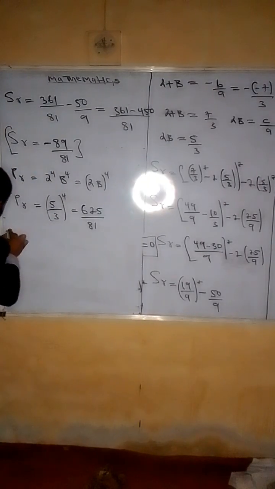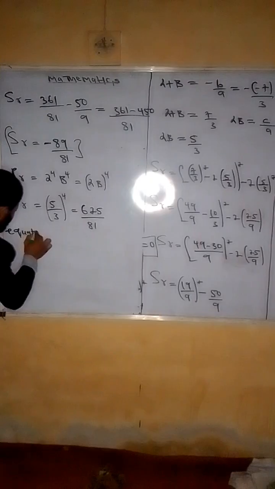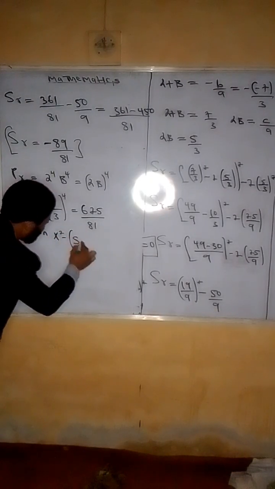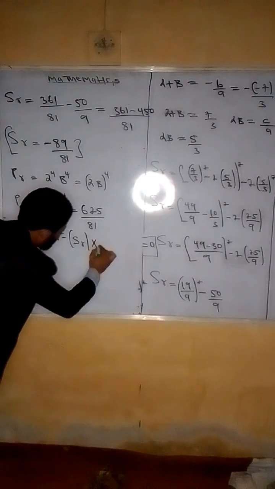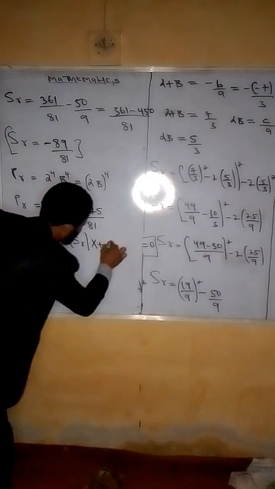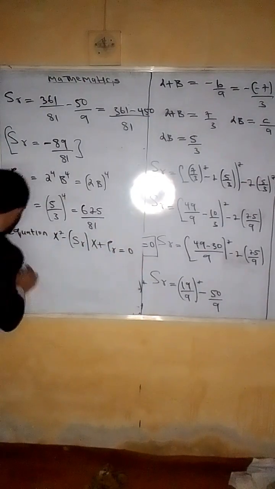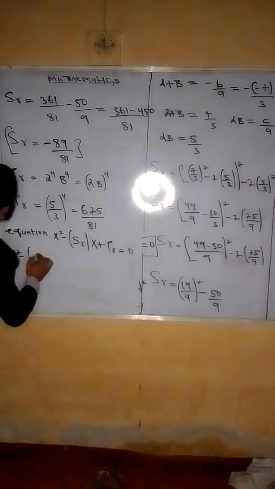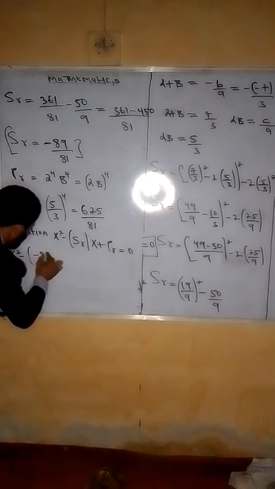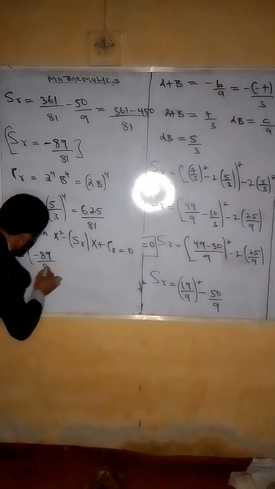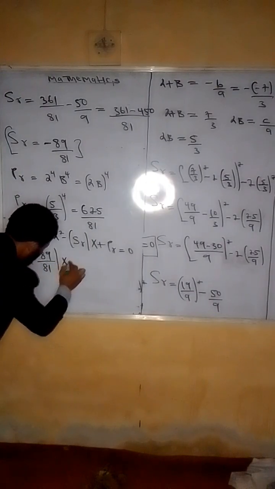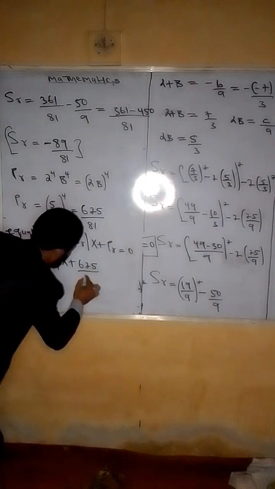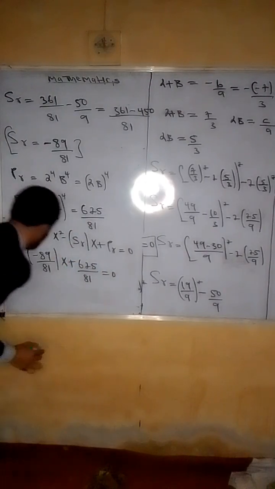Now the equation. The equation is s squared minus the sum of the roots into s plus the product of the roots is 0. So we are now going to have s squared minus (minus 89 over 81) into s plus the product of the roots, 625 over 81, is equal to 0.